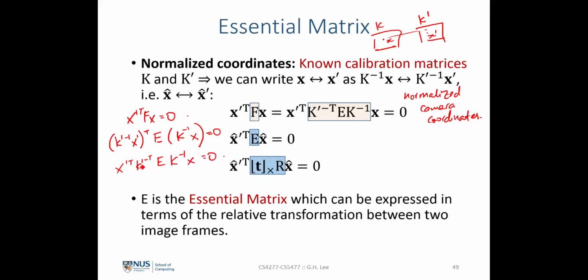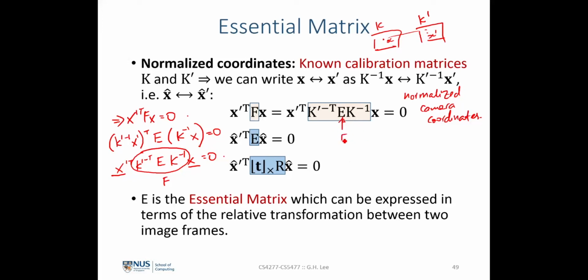And we can see that this takes the same form as the original correspondence constraint equation that we have seen earlier on, which is x prime transpose F x equals 0, where x prime and x remain the same, and we can simply call this particular matrix our fundamental matrix, and we'll give the E matrix a name.